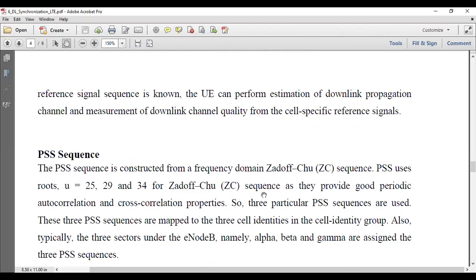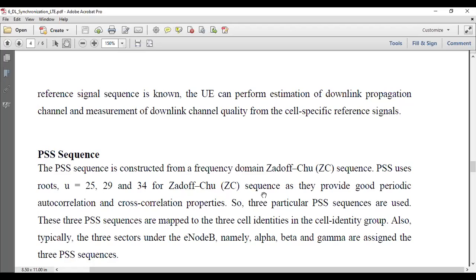In the equation there is a root u, and in place of u, when you use these numbers 25, 29, and 34, then the three different sequences generated have an orthogonal relationship. So you have perfect correlation.